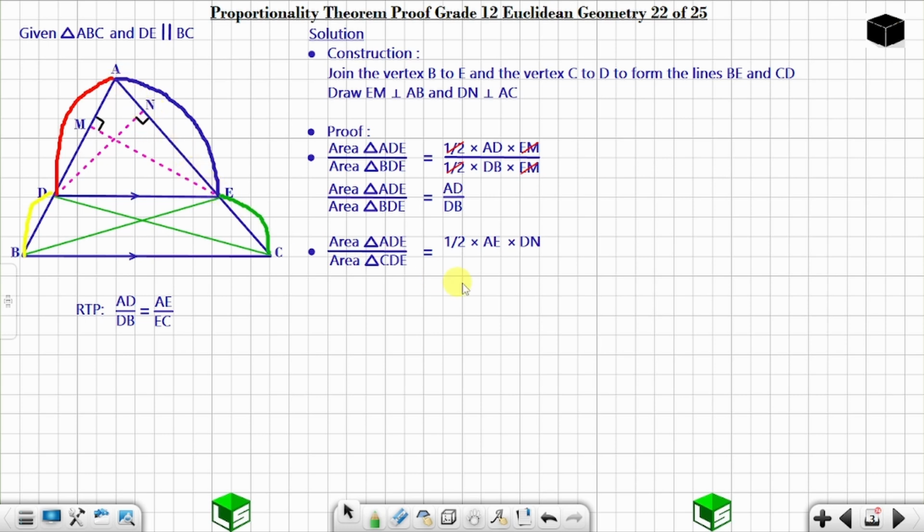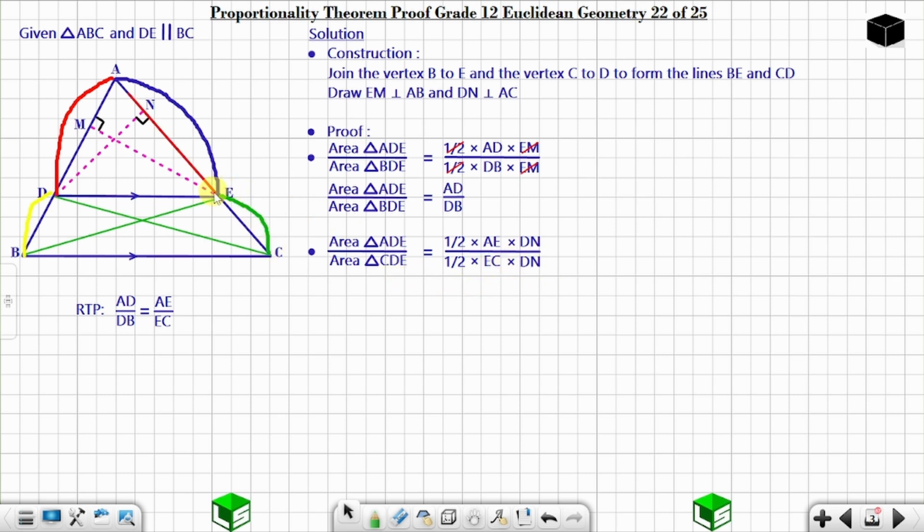Now this is over the area of this triangle, which is a half times the base AC, times DN.